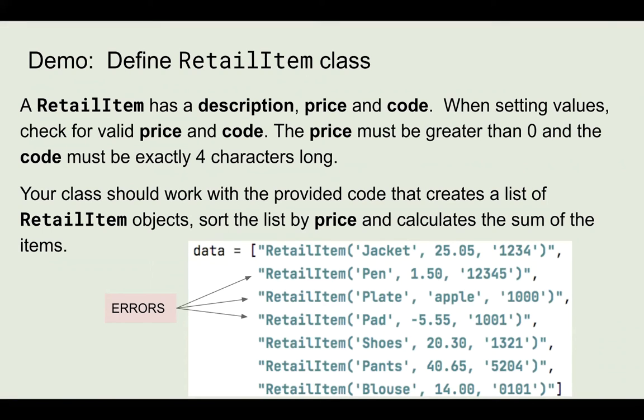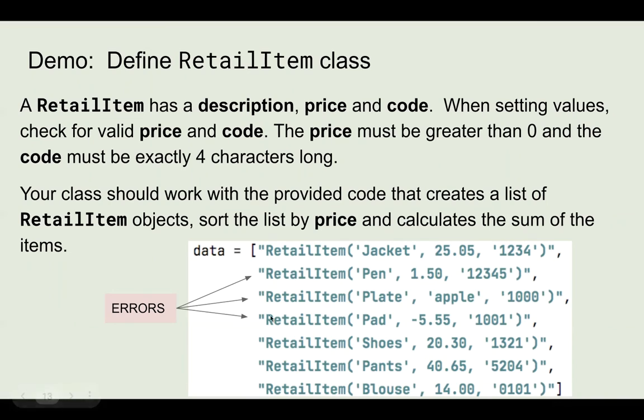So your goal is to define the retail item class. And the class has the description, price, and code, but you want to check for valid values for price and code. Price must be greater than 0, and code must be exactly 4 characters long. Your class should work with the provided code that creates a list of retail objects.